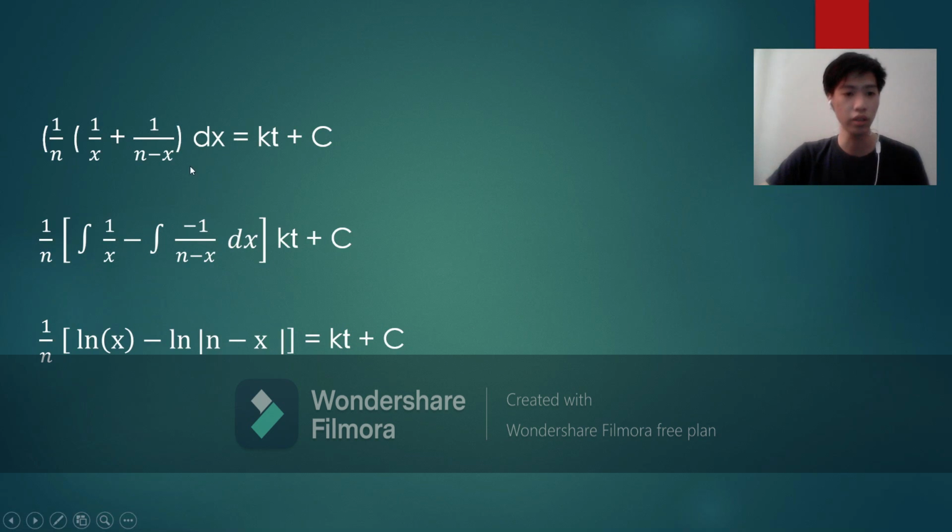So we can continue for the integration, and we all know that the integration of 1 over x is the natural log of x, and the integration of negative 1 over n minus x is the natural log of n minus x, equals kt plus c.